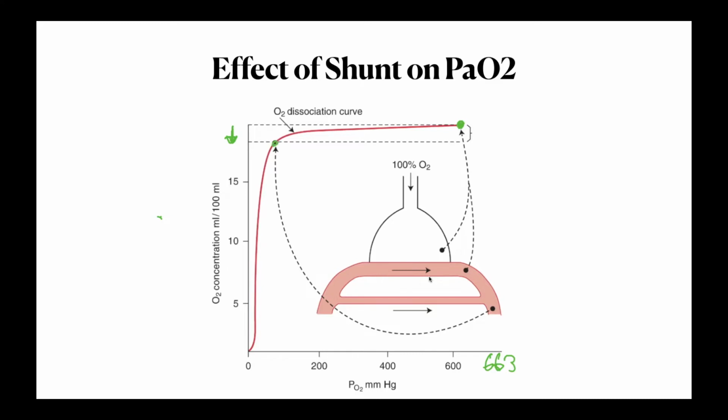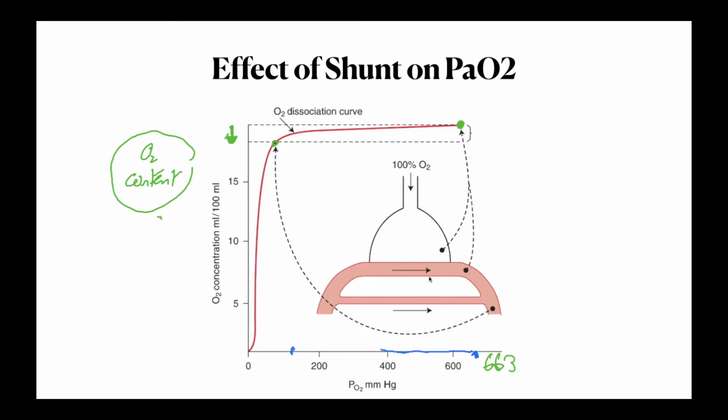So this is your oxygen content. Your oxygen content is being diluted by shunt. Now, with the oxygen content, you've gone from here to here, but have a look at what happens on your partial pressure on the x-axis. You've gone from this spot here all the way to here.